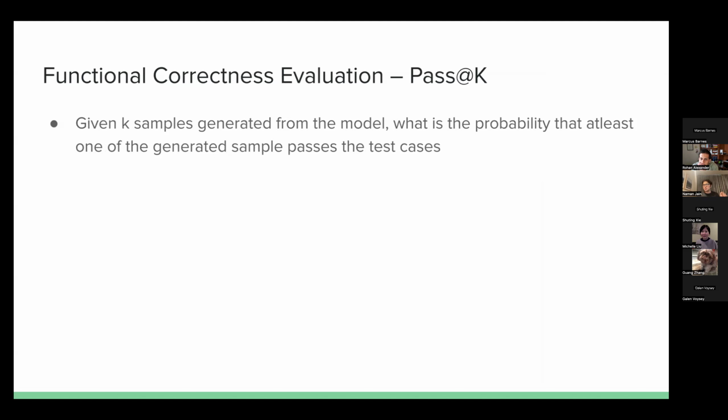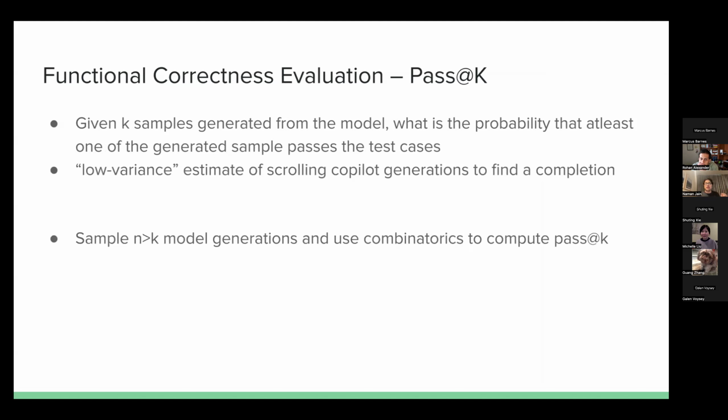A simple way to think about this would be that maybe you are scrolling through all the Copilot generations in the sidebar, and you're trying to check if any one of the generated samples is correct or not. This is a somewhat practically relevant metric: if Copilot is showing you five generations, then if pass at 5 accuracy is good, then maybe your model is doing good.